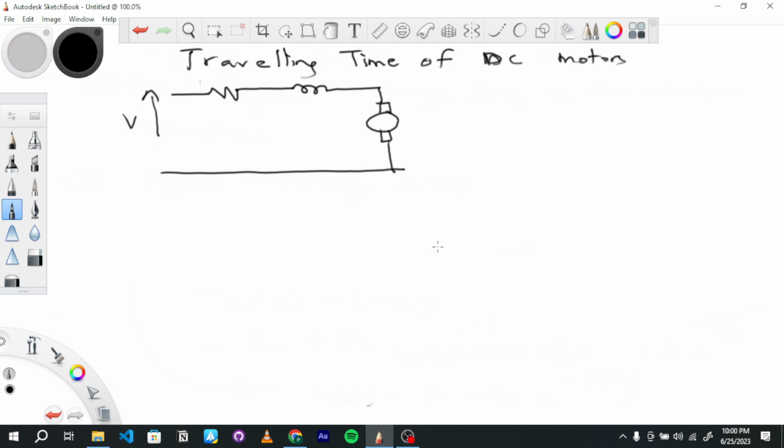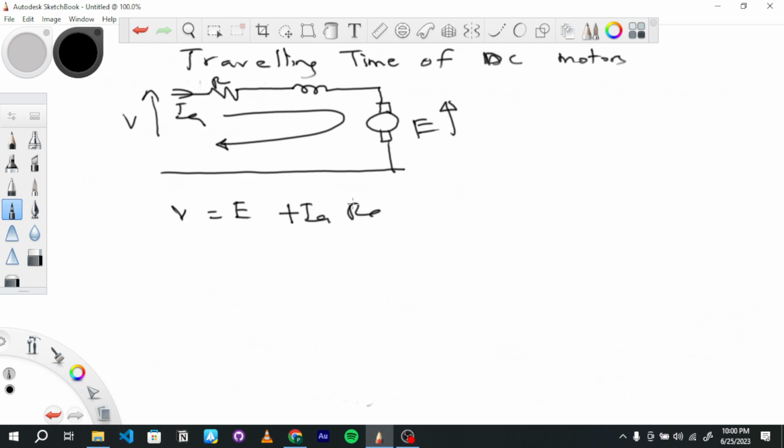According to KVL, I can write that V is equal to E plus the current. The current going through here is IA, so V equals E plus IA RA plus the voltage drop in the inductance, L dIA/dt.